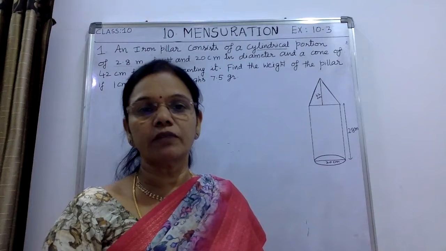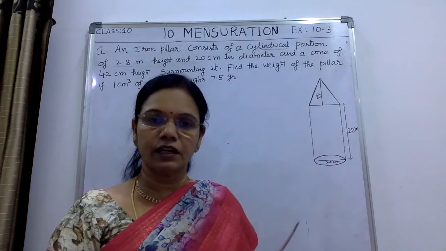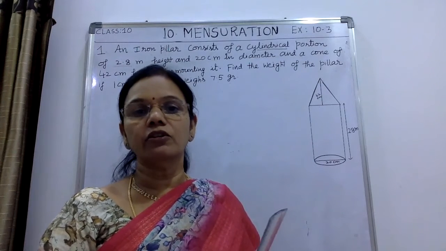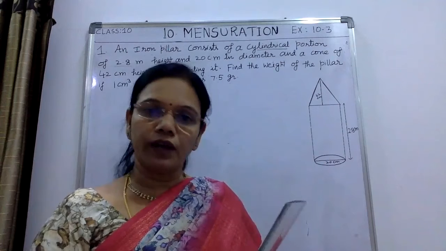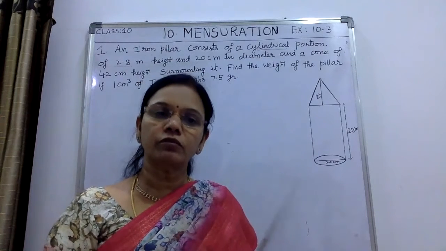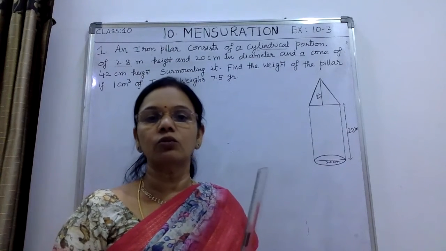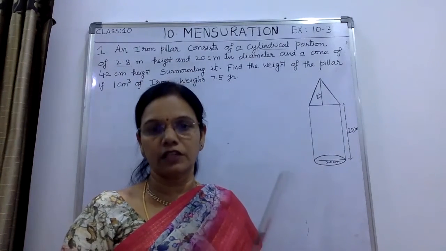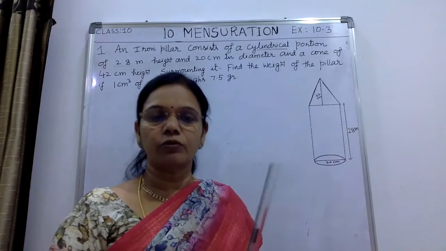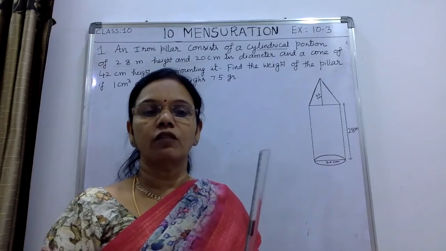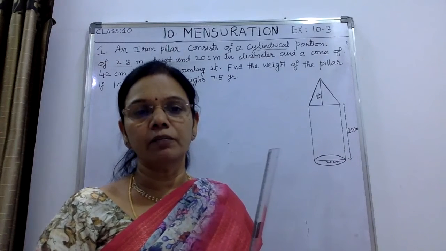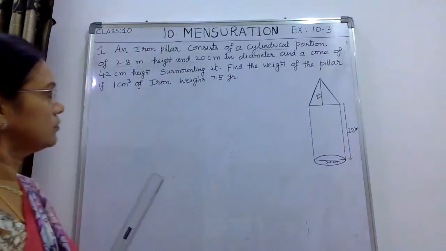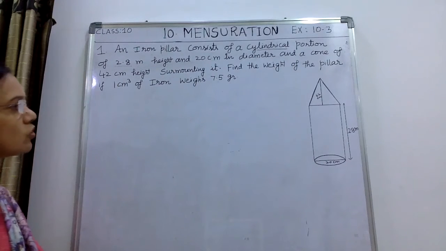In the first step, we find the volume of the cylindrical portion, and then the volume of the conical portion, and we calculate the total volume of the cylindrical and conical portions. Then we have to find the weight of the complete iron pillar. So let us try to solve this problem.